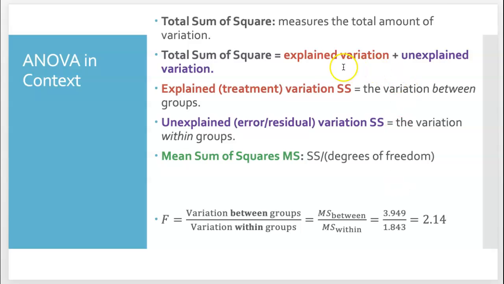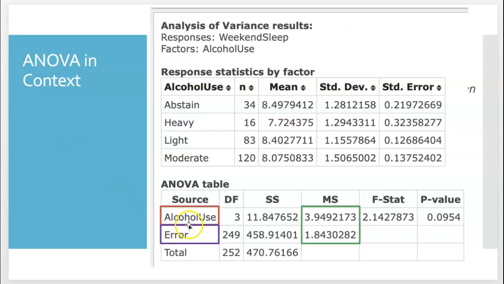These are just getting a little deeper into what this table is giving us. In the table, it says source: alcohol use. This is the variation between the different groups of alcohol use.